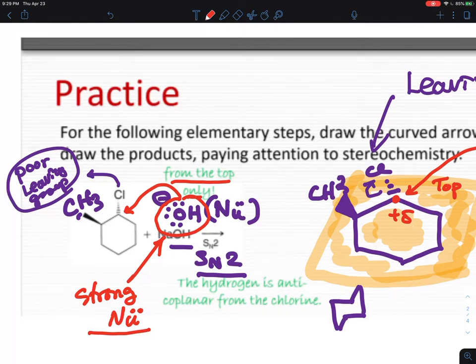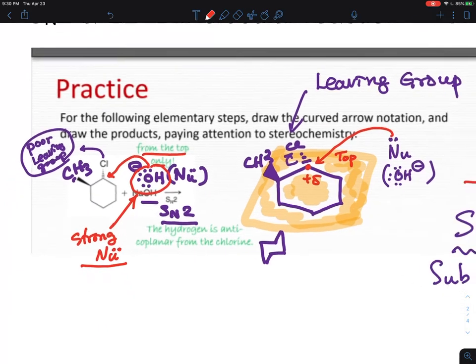This chlorine is not likely to leave, so you need some kind of push and pull at the same time. So that's bimolecular. When the OH minus is poking onto the molecule, the chlorine has to leave at the same time. So two molecules are involved together, push and pull, and therefore it's an SN2 reaction.